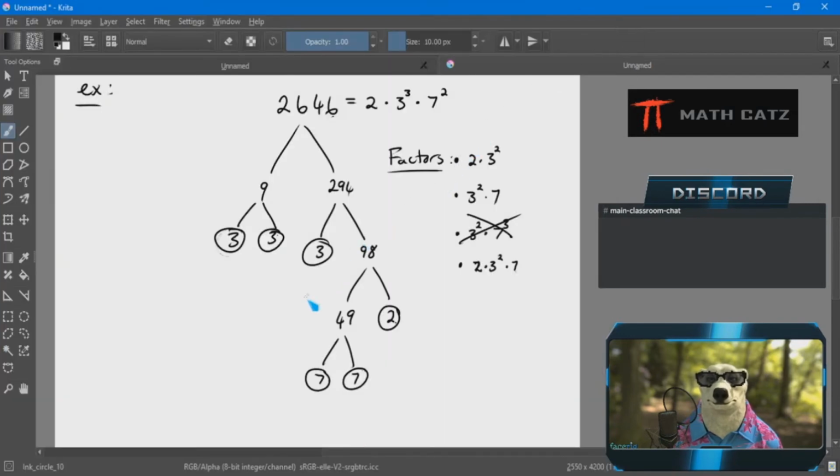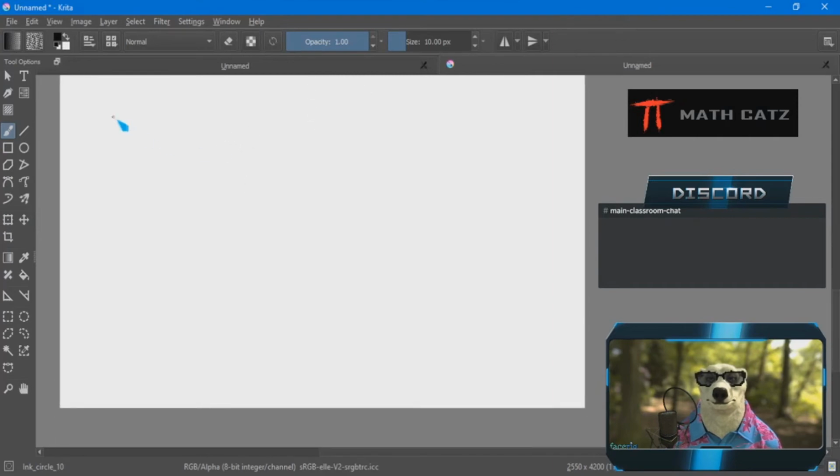34 cubed. So now my number needs a little bit of splitting up. This is 34, 34, 34. 34 is not a prime number.